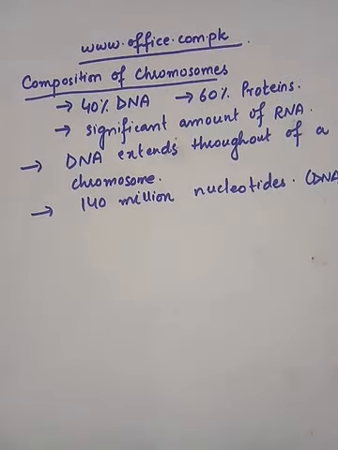Now the question arises: how is a very big macromolecule of DNA properly fit inside the chromosome? The proper fitting of DNA inside the chromosome is due to the coiling of DNA.